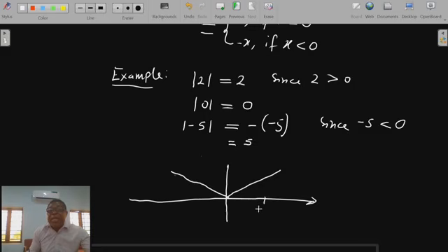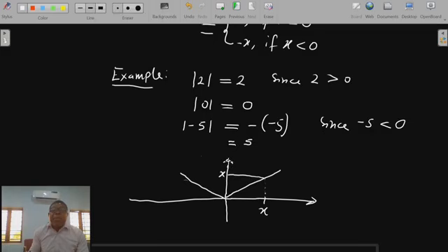Assuming that here is x, it is expected that if you trace the value of x up the curve and you come this way, what you get here is also x. The reason is because x is greater than 0. Observe that at 0, the absolute value of 0 is still 0. Now, remember what I explained, that it is expected that this curve should be the mirror image of this one, seeing the vertical axis as the mirror.